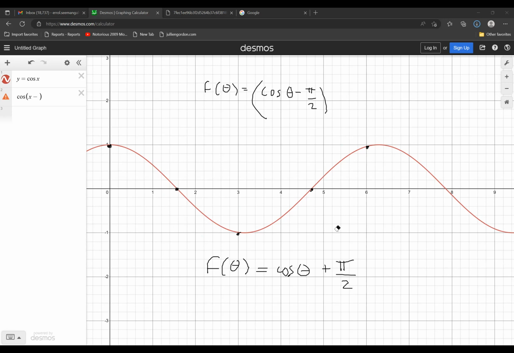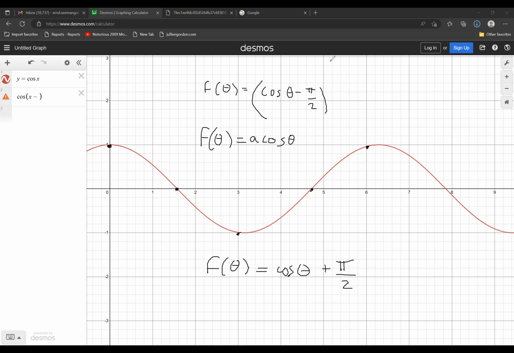And then you might have something like this too. I think you were talking about this a minute ago. f of theta equals a cos theta. Depending on what the a value is, if it's bigger than 1, it's going to be stretched. If it's smaller than 1, it's going to be compressed.